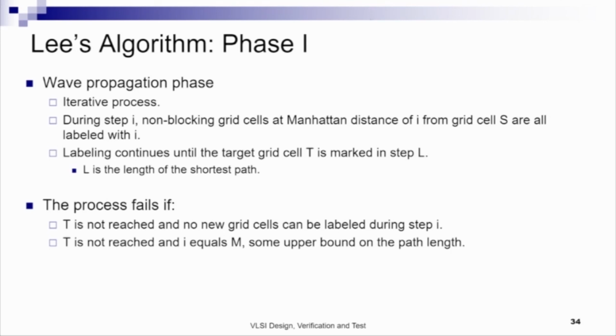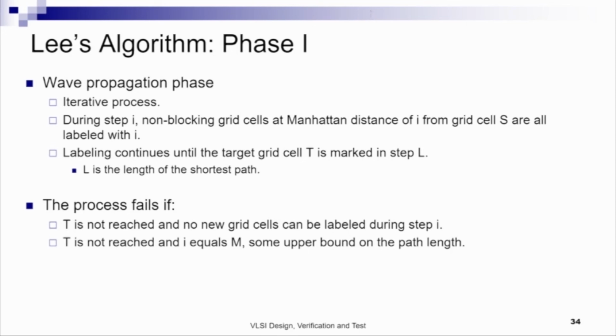However, there is another case in which Lee's algorithm can fail. If we bound the number of steps through which the iteration can progress to at most m, so T is not reached and I equals m, so we cannot do a breadth first search beyond iteration m, then that is some upper bound and we do not find a target T, then the process fails.